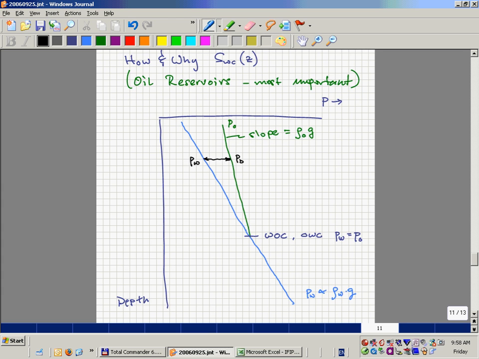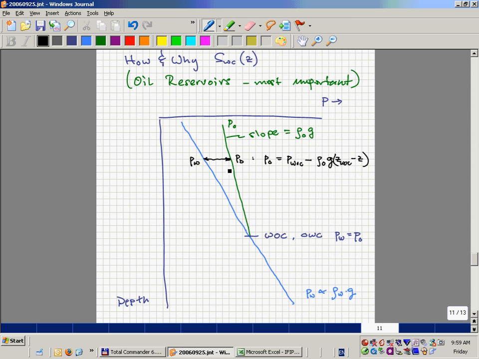So we know oil pressure is equal to, let's just say, the reference water-oil contact pressure minus density of oil, g, times a particular distance, Z, minus the water-oil contact. Actually, I need to change the sign on this: water-oil contact minus Z. We got this pressure down here minus the oil gradient.